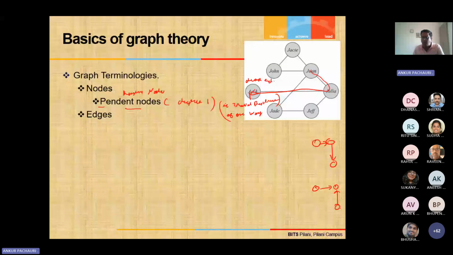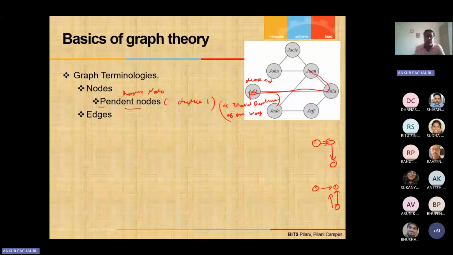In that case, this node can only inject something into the network, but cannot get anything from the network. This type of node can get anything from the network, but cannot give anything to the network.